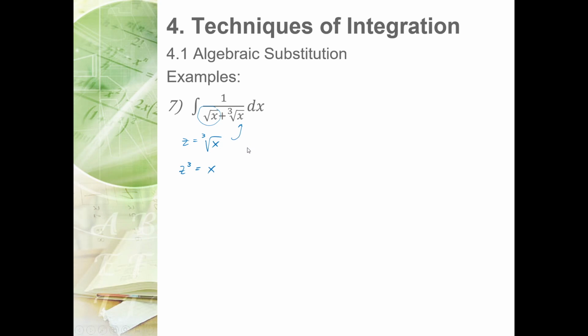So doing that, let's show it. Let's try if our z is square root of x, di ba? So we have z squared is equal to x.